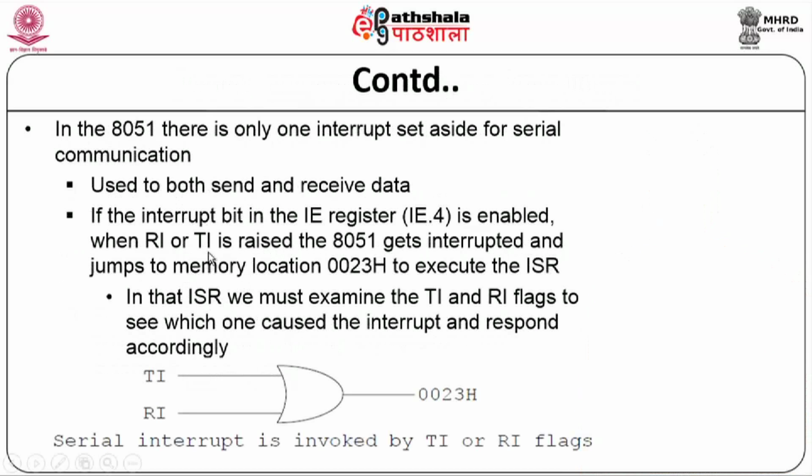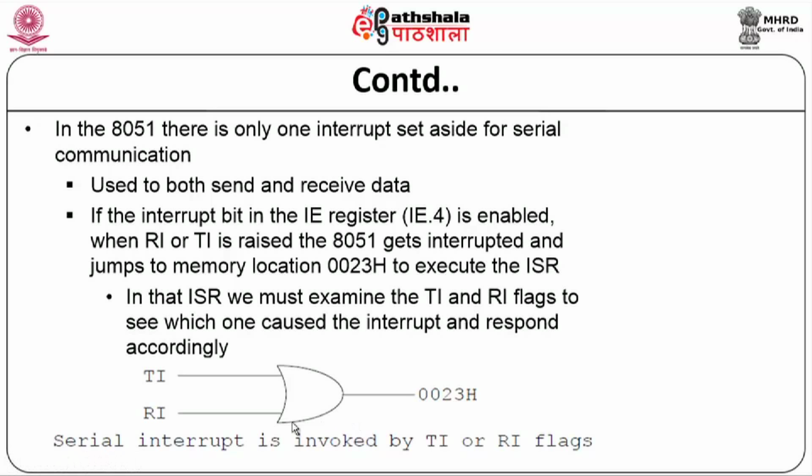You just see that in 8051 TI and RI are connected together, and it is an OR, and we will be giving the interrupt service, because for serial communication only one pin is given. As you know very well, only one service is provided in the vector table for serial communication.